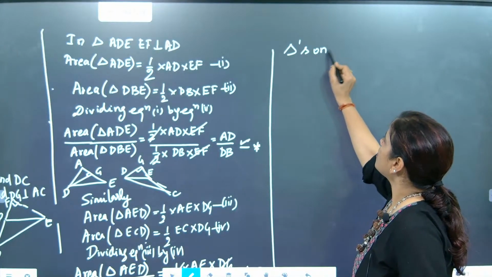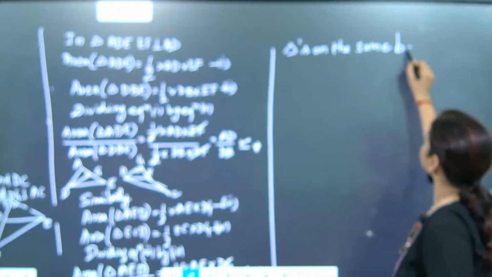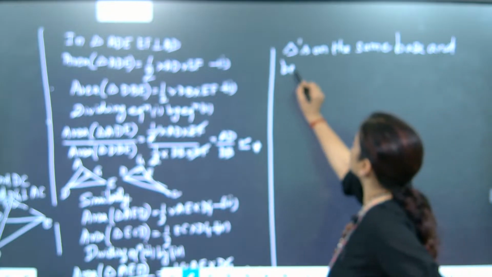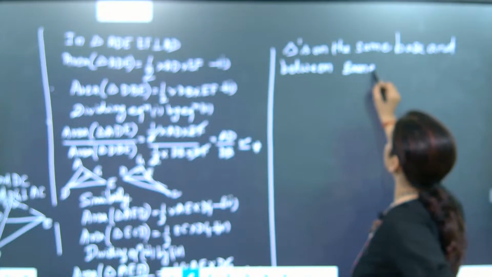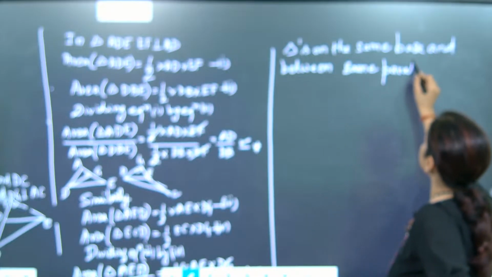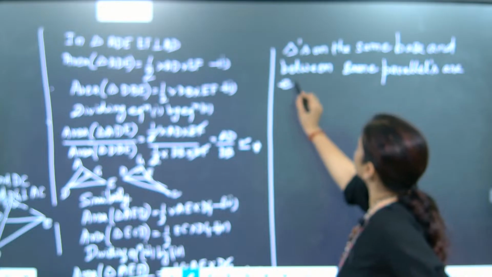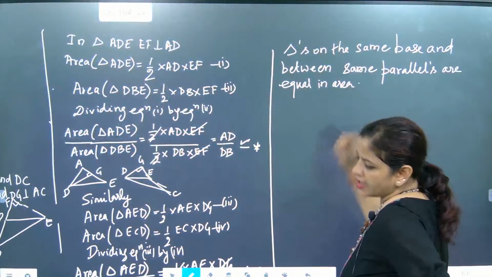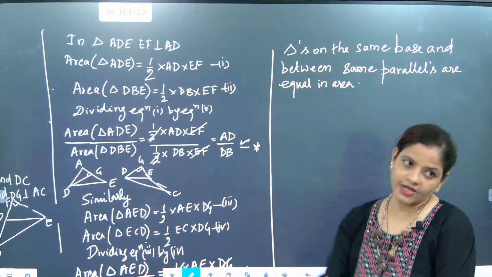Triangles on the same base and between the same parallels are equal in area, beta.